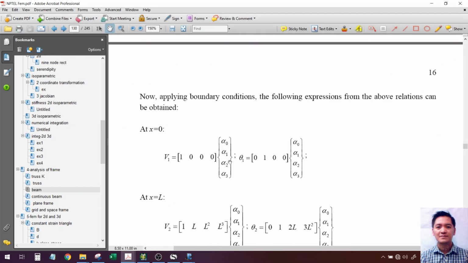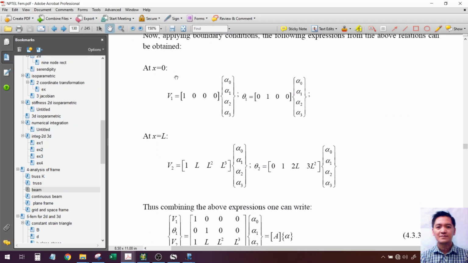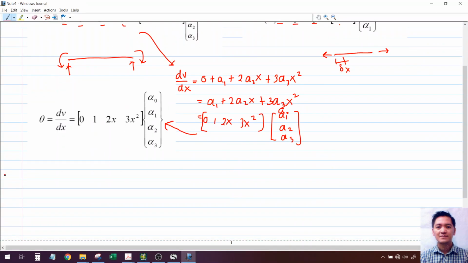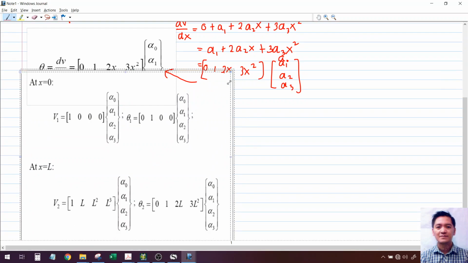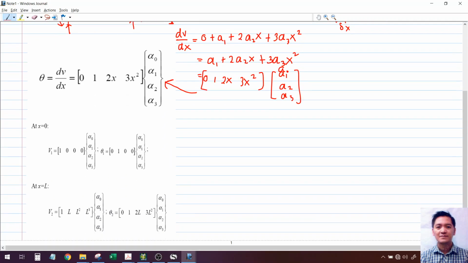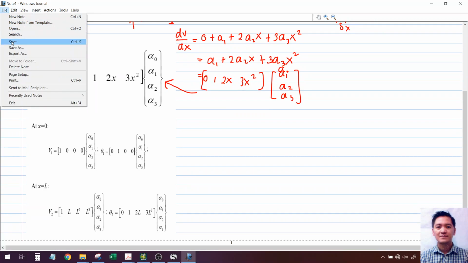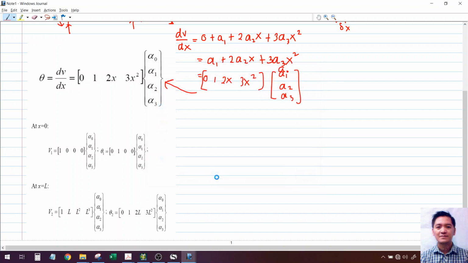Now, applying boundary conditions, the following expressions from the above relations can be obtained. At x equals 0.